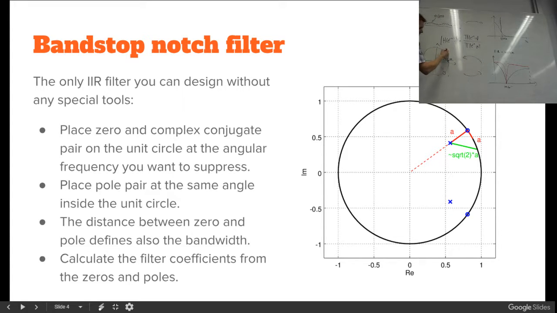If we are very close to here, the distances to the pole and zero are equal.